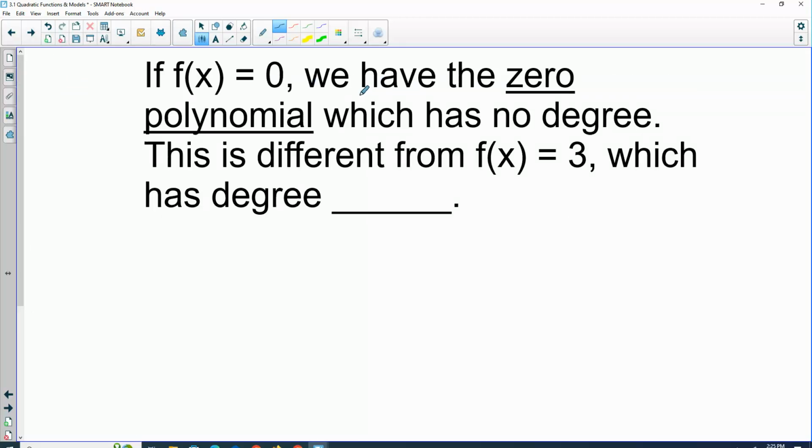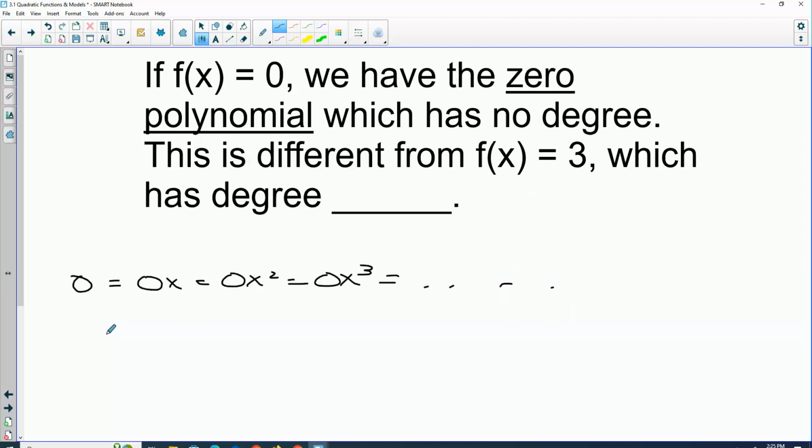If our polynomial is just 0, that's what's called the zero polynomial, and that technically has no degree. Because isn't 0 the same as 0x, which is the same as 0x squared, or 0x cubed, and I could keep going all day. So you can't tell me the degree because you could put x with any power with that.